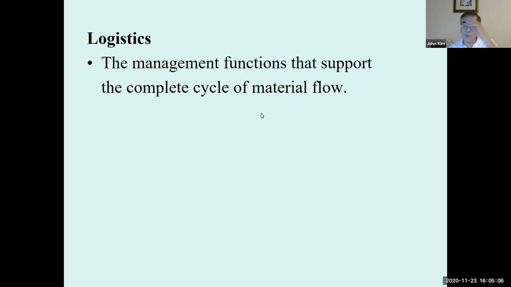In the supply chain, materials, parts, and final products flow in that supply chain network. Managing those functions is logistics.